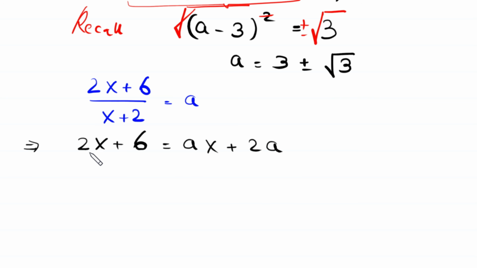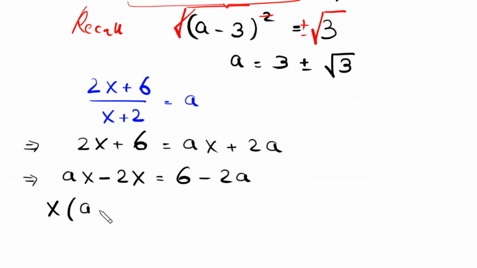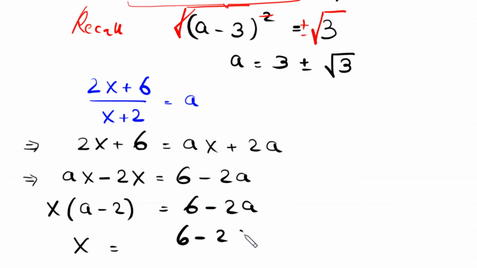Move this 2x to the right hand side and this 2a to the left hand side. Then this implies that ax minus 2x equal to 6 minus 2a. From these two terms we can factor out x in brackets: x times a minus 2 equal to 6 minus 2a. If we divide both sides by a minus 2, this implies that x is equal to 6 minus 2a divided by a minus 2.